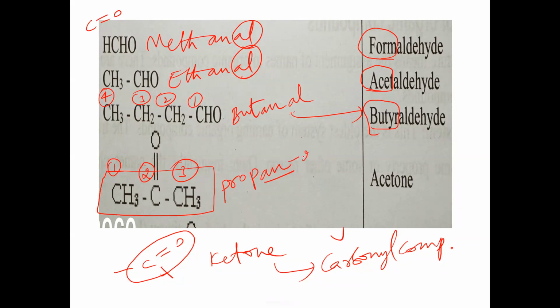So we have propan-2-one. This 'one' is the secondary suffix of the C double bond O group, that is, the ketone group. For the ketone group, the secondary suffix name is 'one'. So propan-2-one is the IUPAC name of acetone.